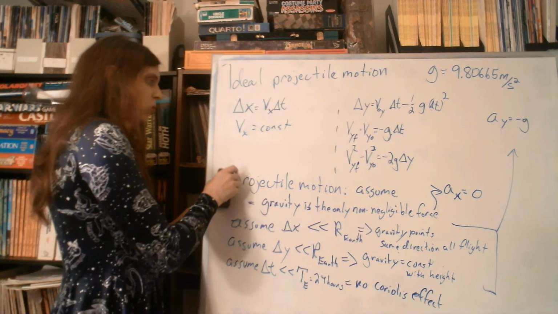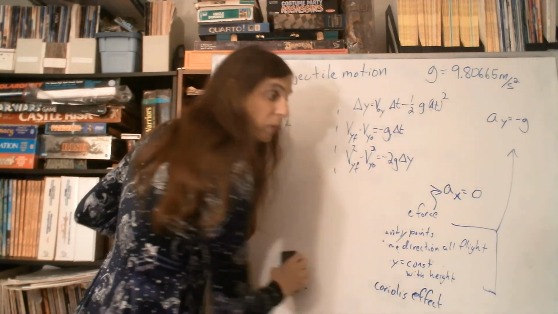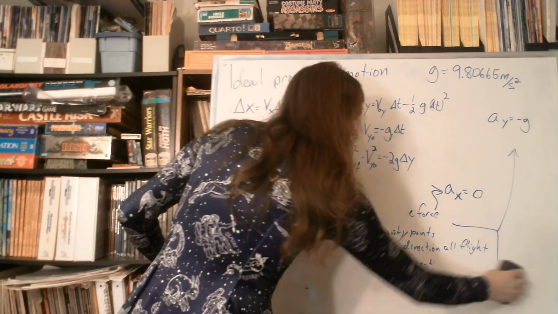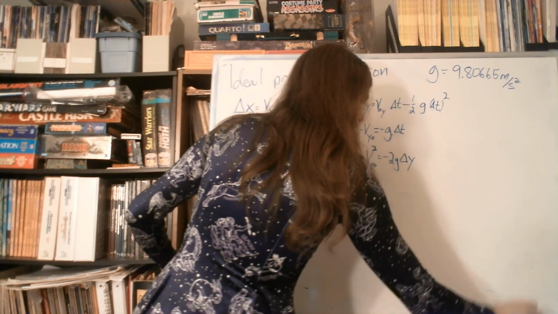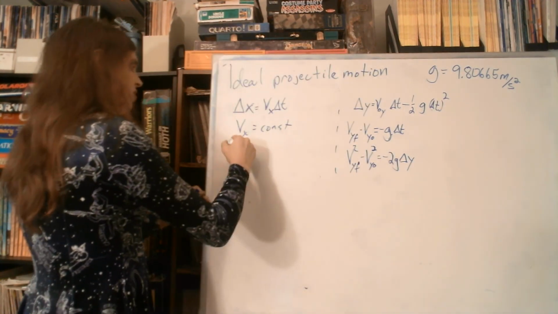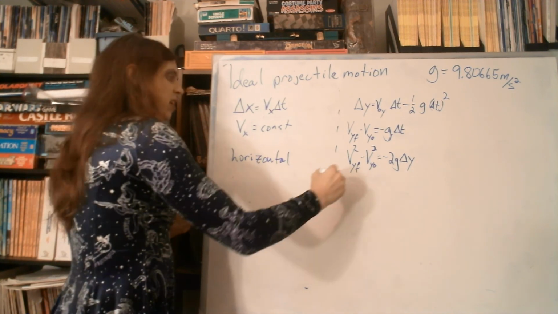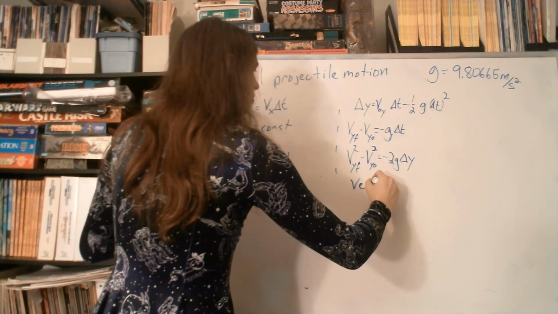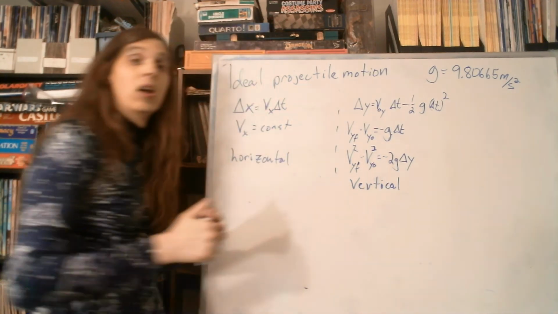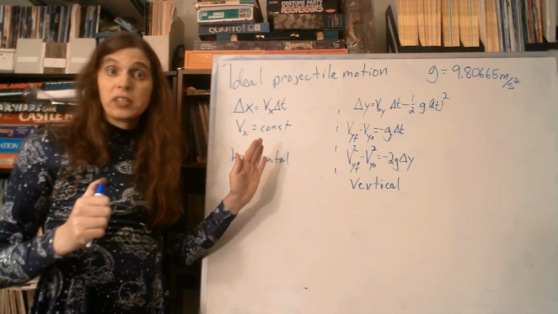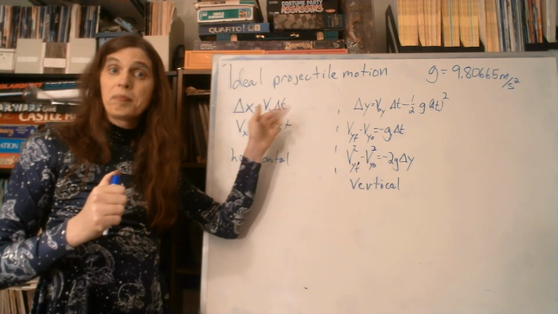We did not explicitly state that, but we've been working with the idea that this is horizontal and this is vertical. So that's how we connect horizontal motion to vertical motion, through time.